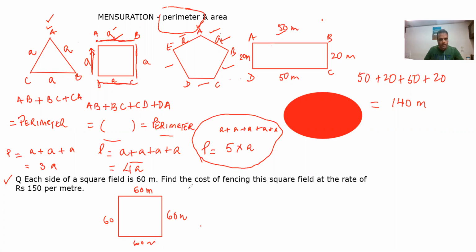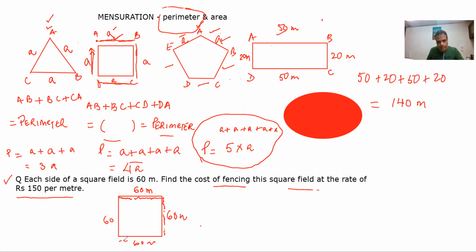Now the real question, and the practical use of perimeter, is: find the cost of fencing this square field at the rate of rupees 150 per meter. This is a field, and they want to put a fencing on all sides of this park.